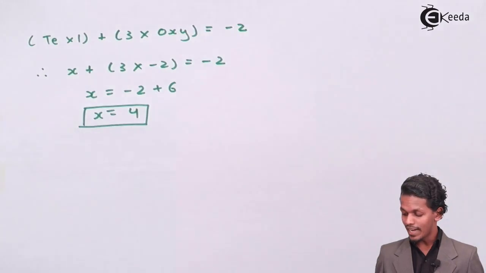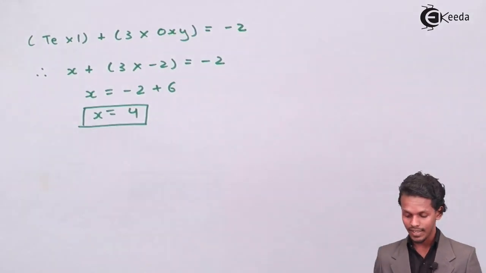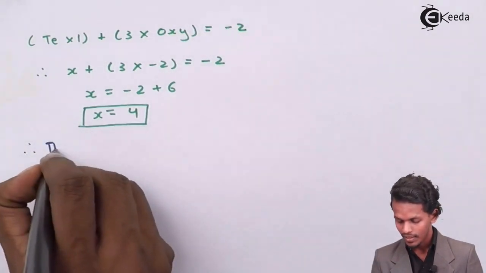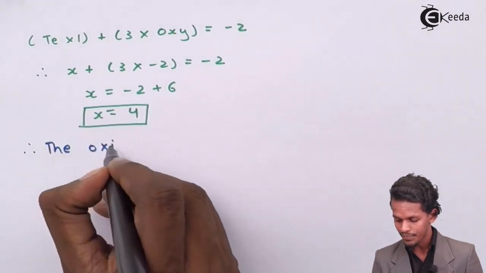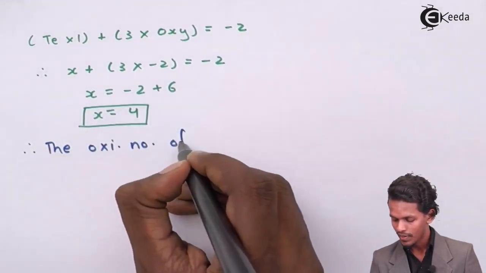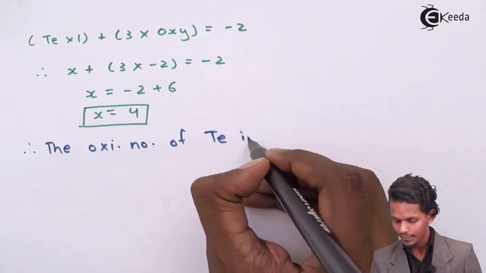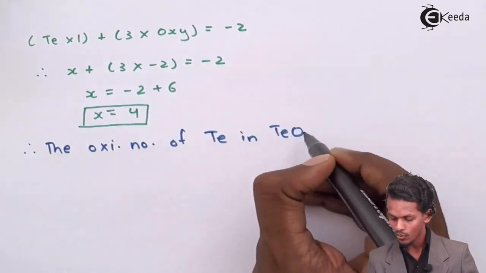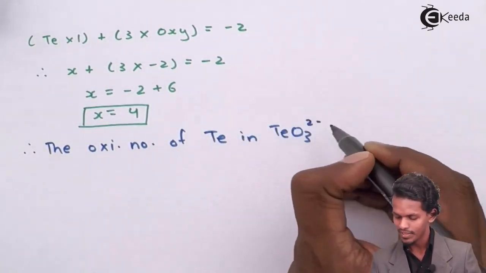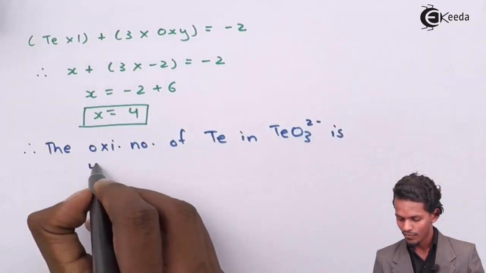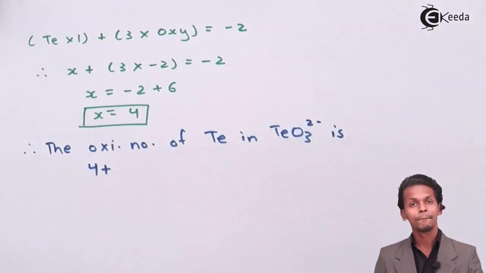So ultimately I could write the conclusion that the oxidation number of tellurium atom in TeO3 2 minus is 4 plus.